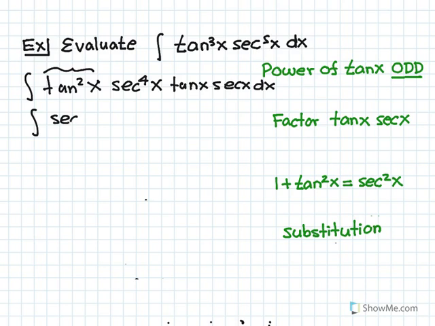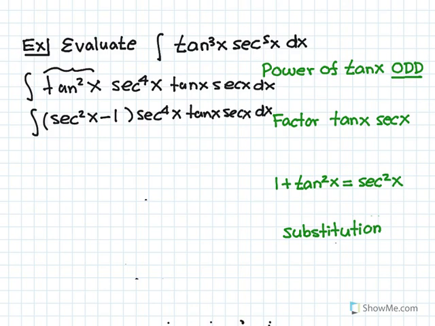So we have secant squared x minus 1 and times secant to the fourth x times tan x sec x dx.